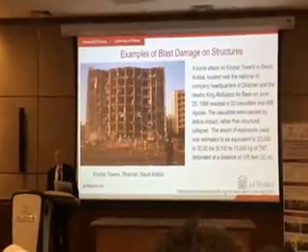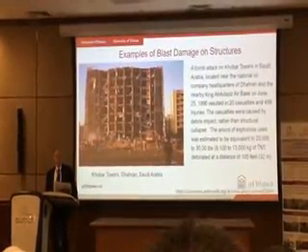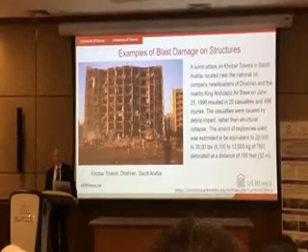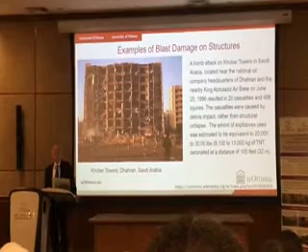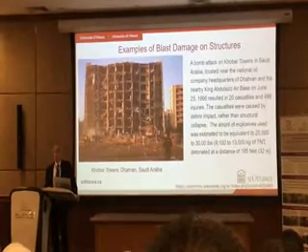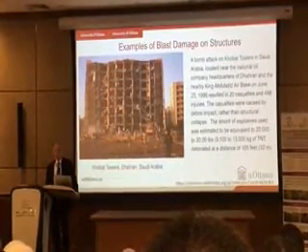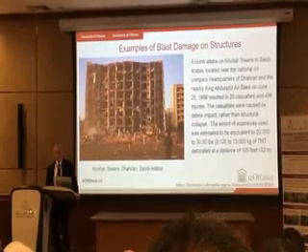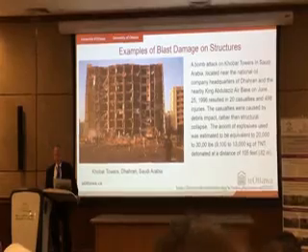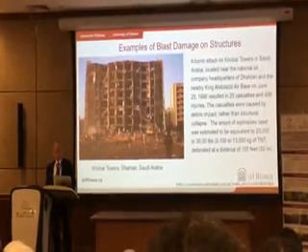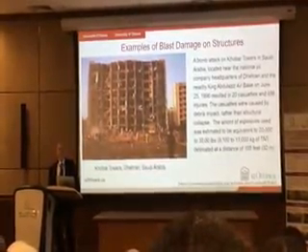Another example is the bomb attack on Khobar Towers in Saudi Arabia. This was one of the buildings in the complex by the National Oil Company in Dhahran, and it was attacked in 1996, causing 20 casualties.